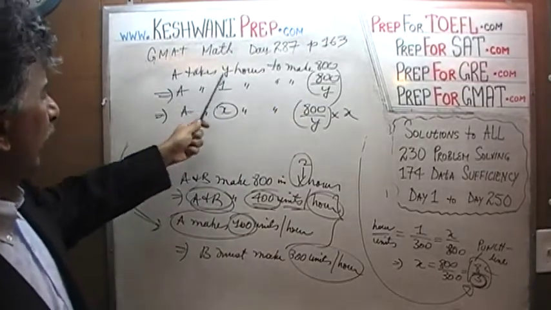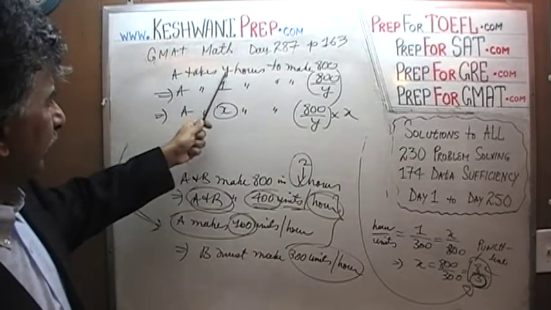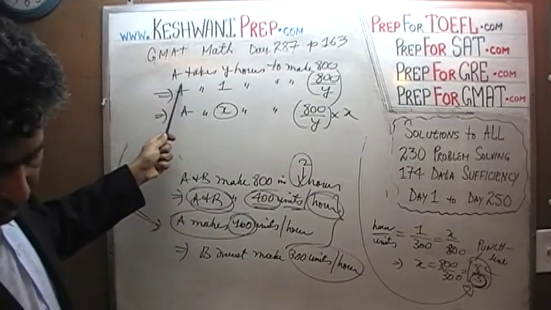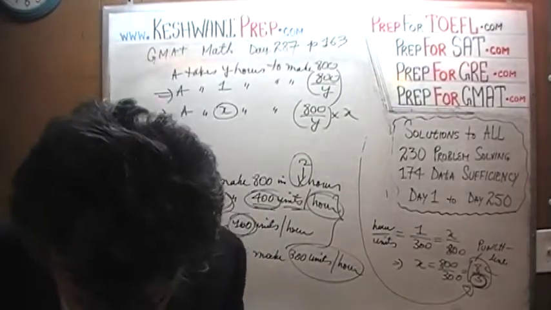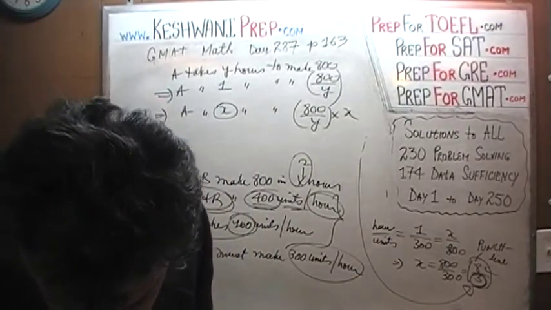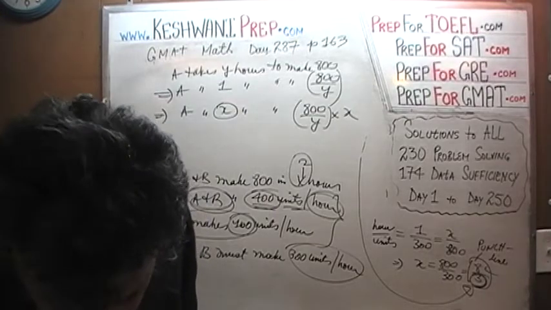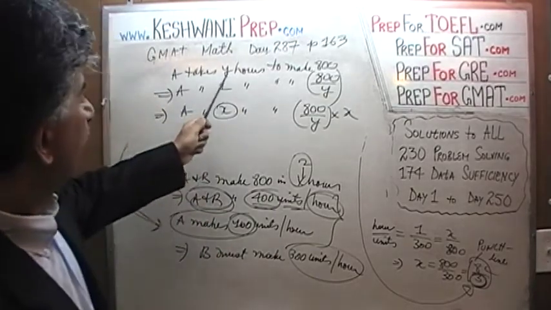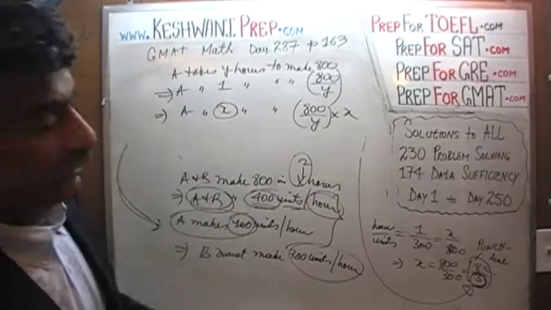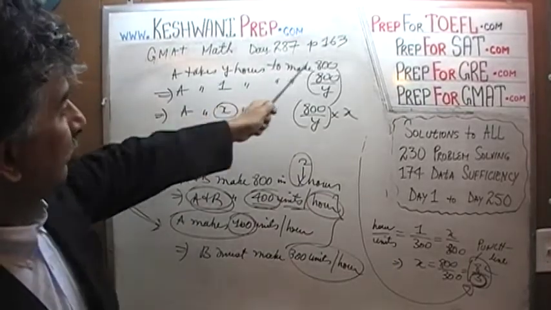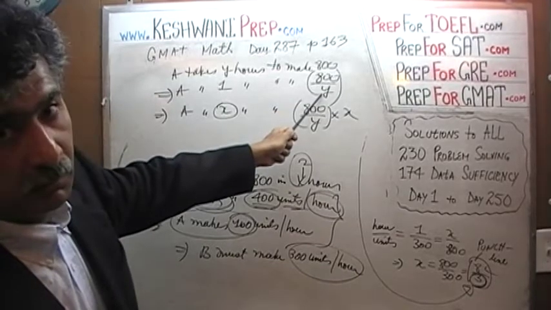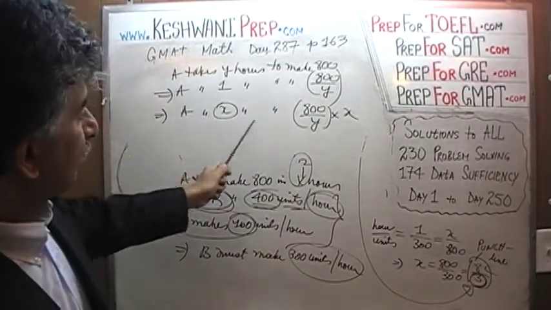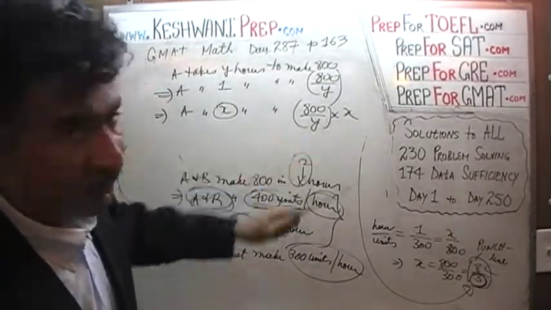We are told that in Y hours, A can make 800 units. It tells us in the problem that A in Y hours makes 800 units. Well, if in Y hours it makes 800, then in 1 hour it should be able to make 800 over Y. And therefore in X hours it will make this much amount.